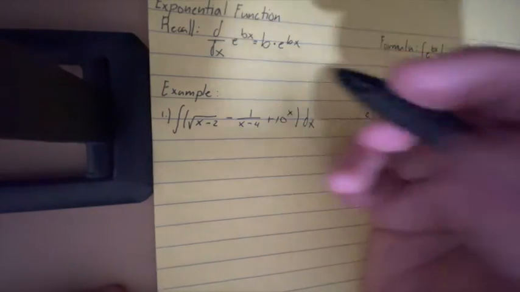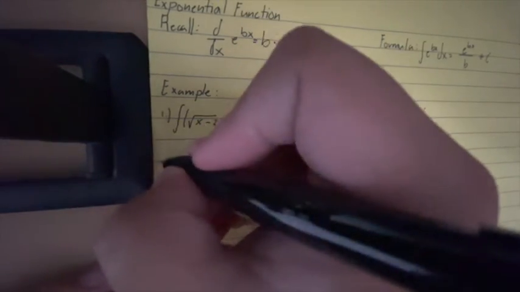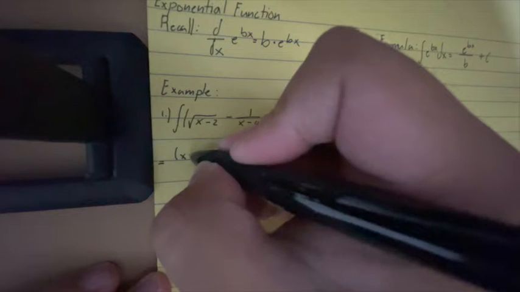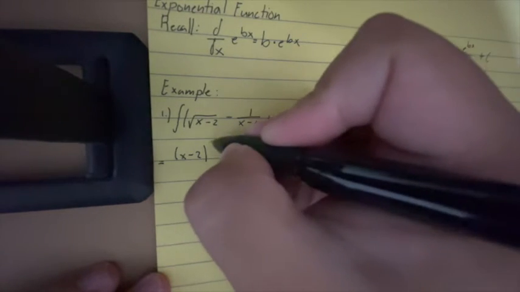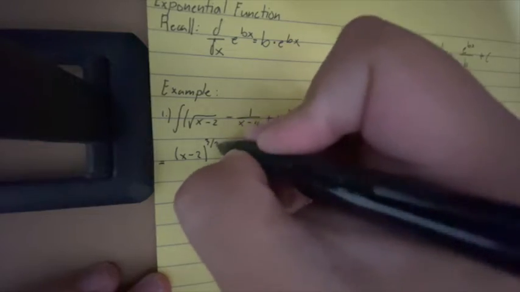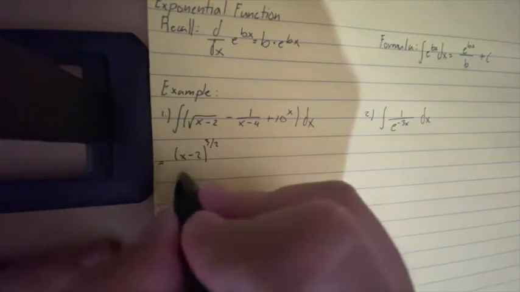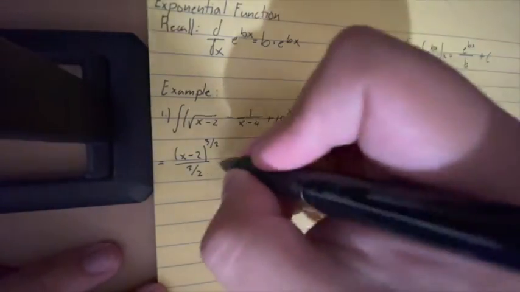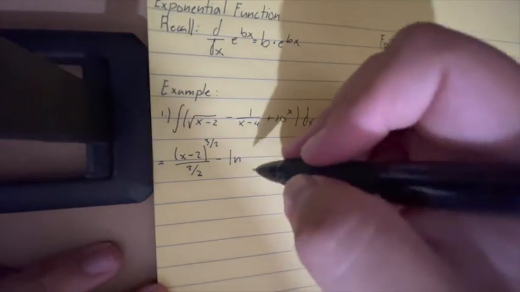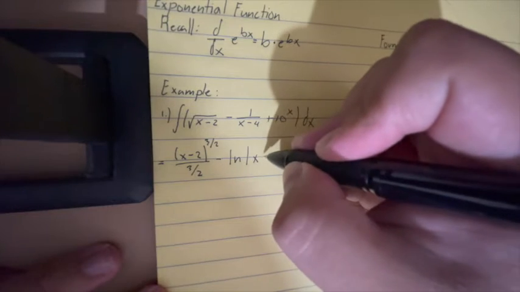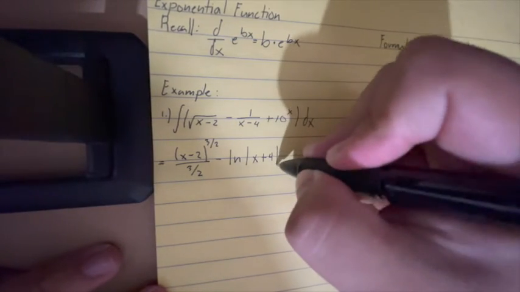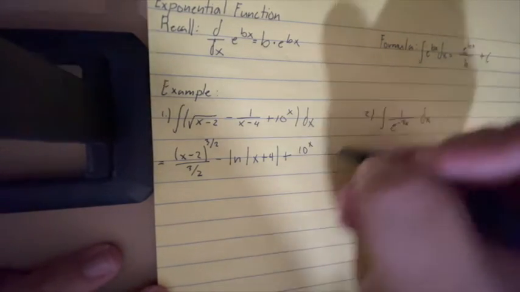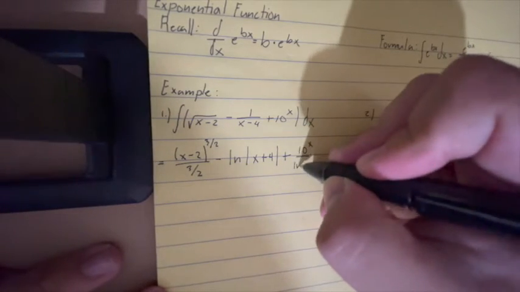Using mental solving, we're going to write x minus 2 raised to 3 over 2 over 3 over 2 minus the ln of the absolute value of x plus 4 plus 10 raised to x over ln 10.